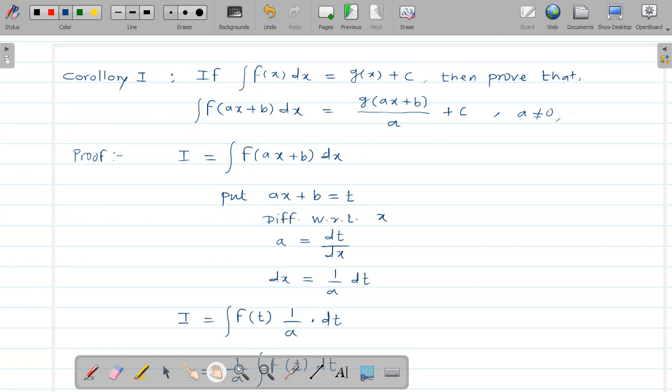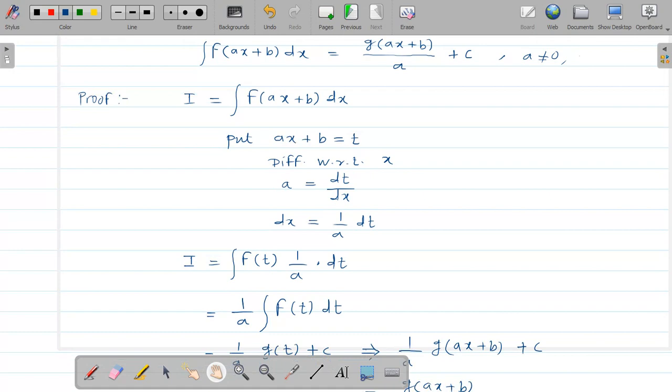It will be g of ax plus b upon a. As x is replaced by ax plus b here, we have to divide by the derivative of that particular term. So g of ax plus b upon a plus constant is the integration of f of ax plus b dx.